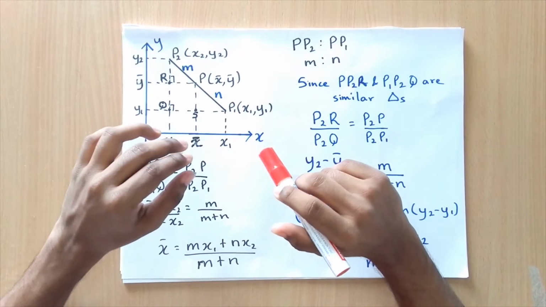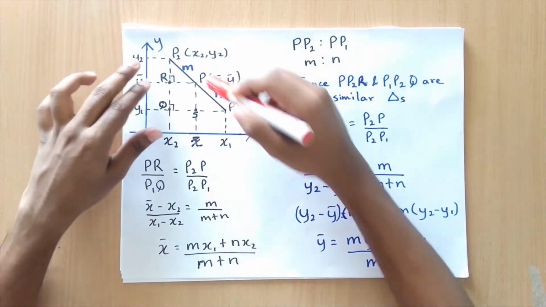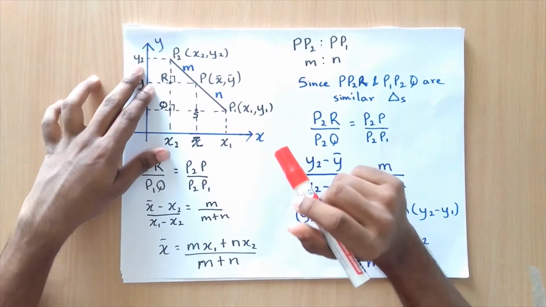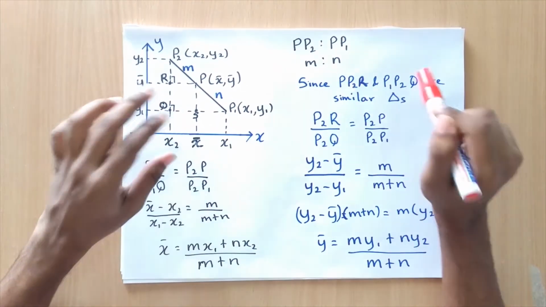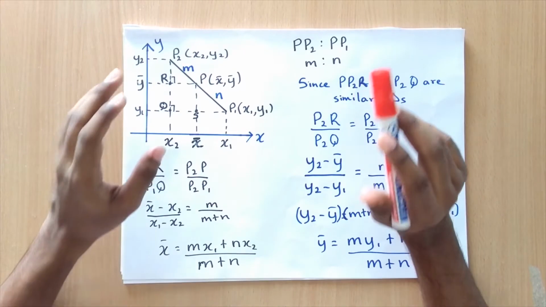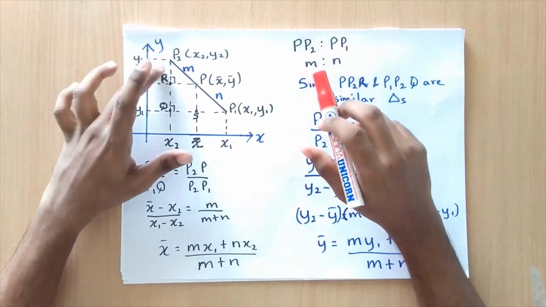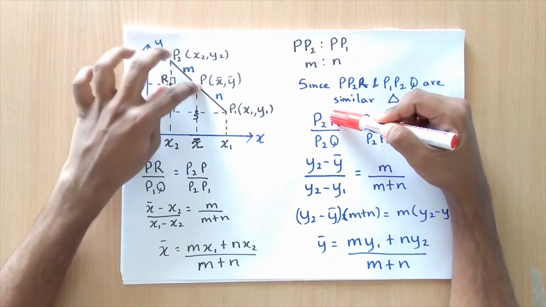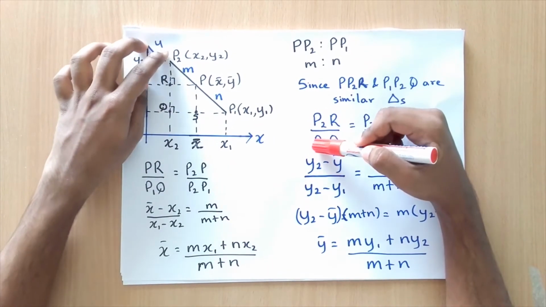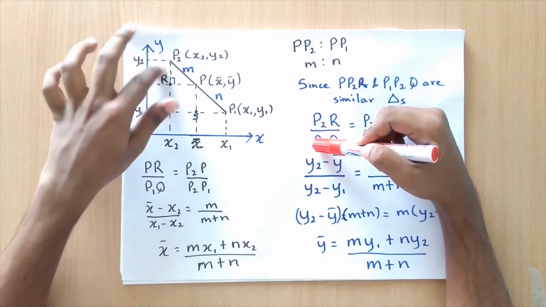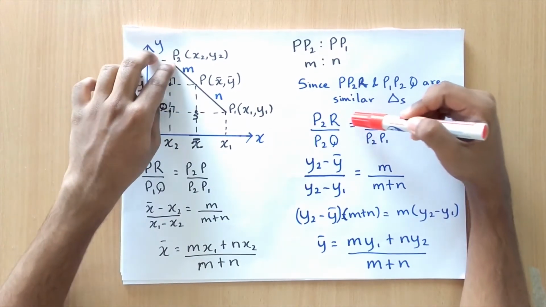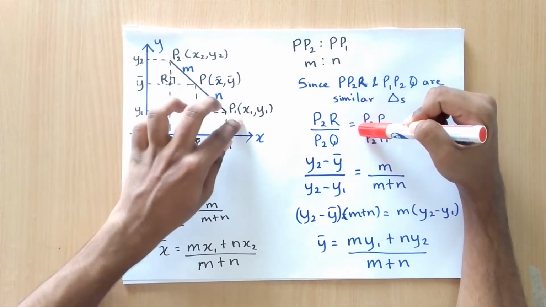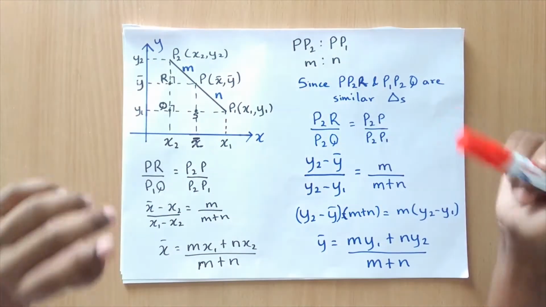For the proof of this theorem, let's consider the triangles P, P2R and P1, P2Q. Since these two triangles are similar triangles, we can take the lengths of their sides as a ratio to each other. So, P2R of this triangle over P2Q of this triangle is equal to P2P of this small triangle over P2P1 of this big triangle.